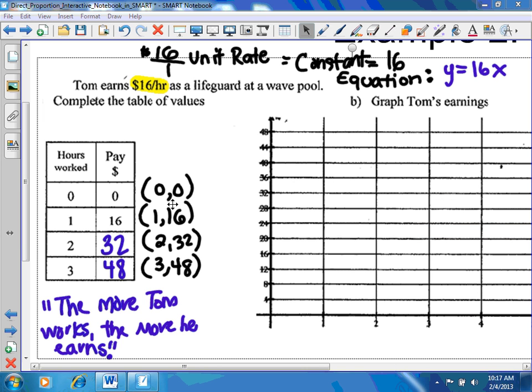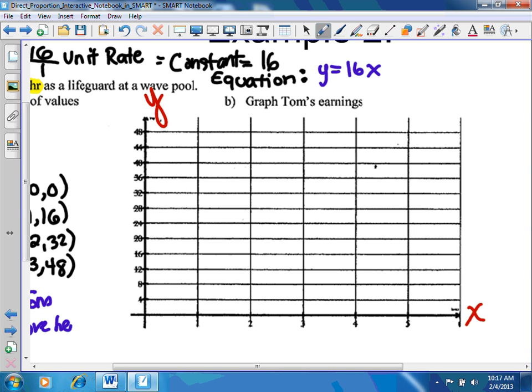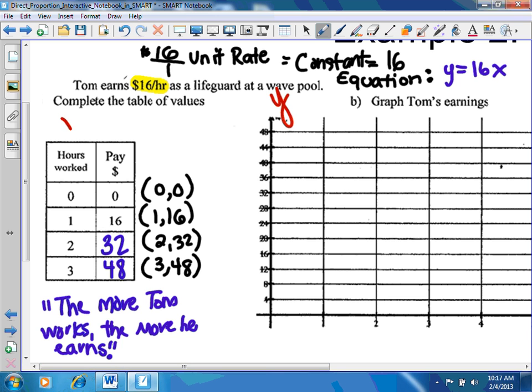Now, let's plot this, because the first one is 0, 0. First let's label our x and our y axis, so take your color pencil. What is this one called right here? That's the x axis, and this one, up and down, is the y axis. If we go back to our T table, hours worked is the x-axis, and the pay is the y-axis.